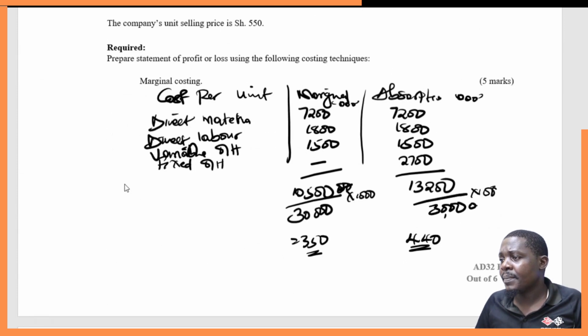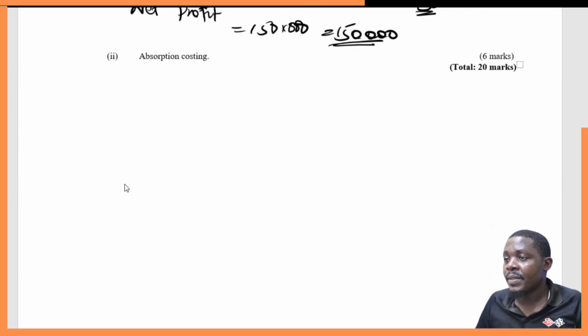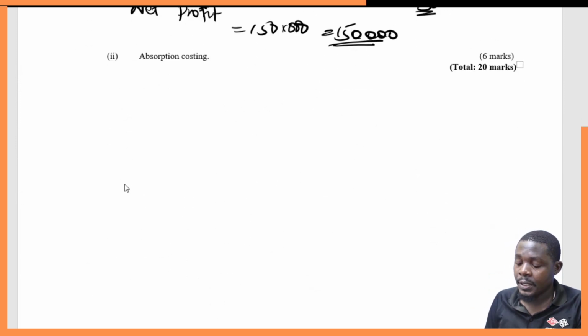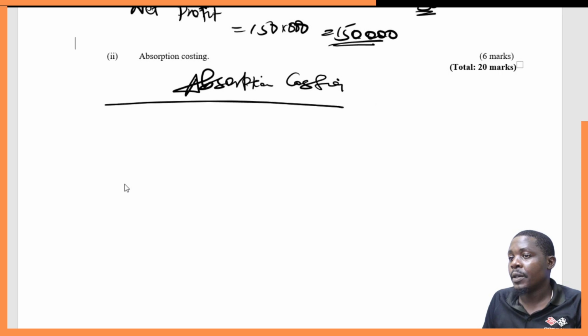Let's do the same using absorption costing. We are going to start with sales, which was 24 multiplied by 550.